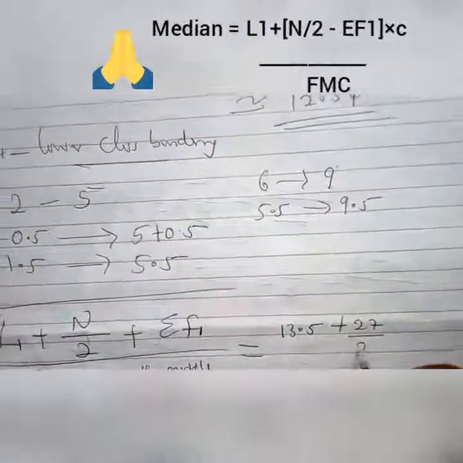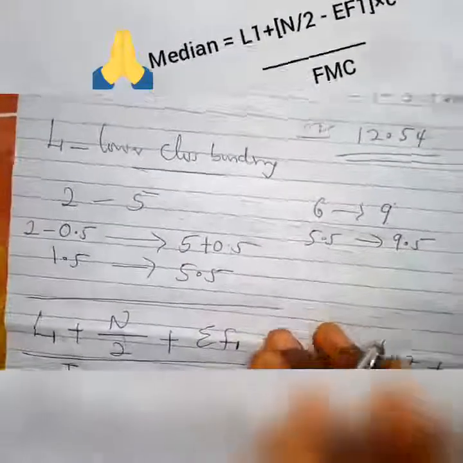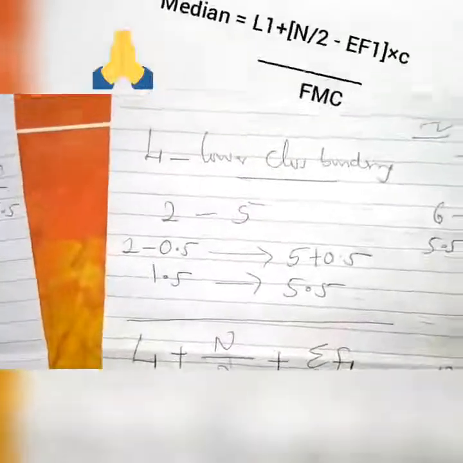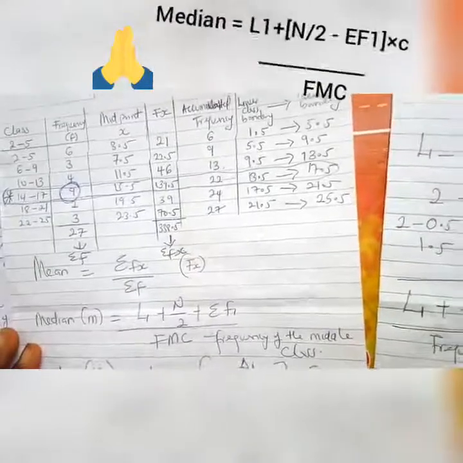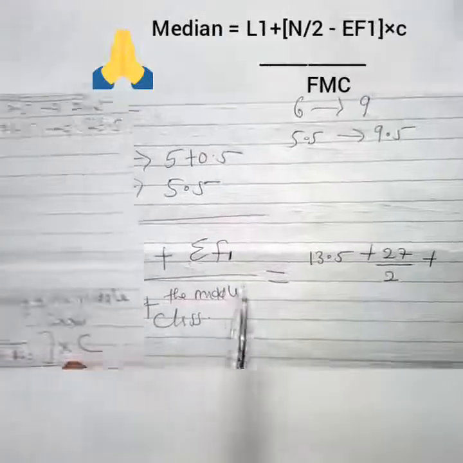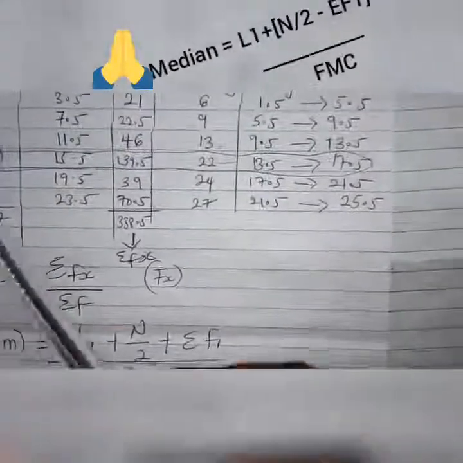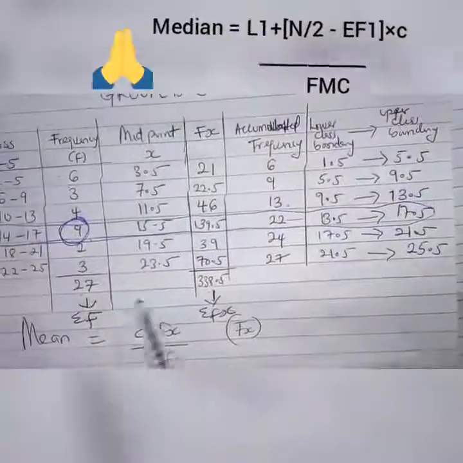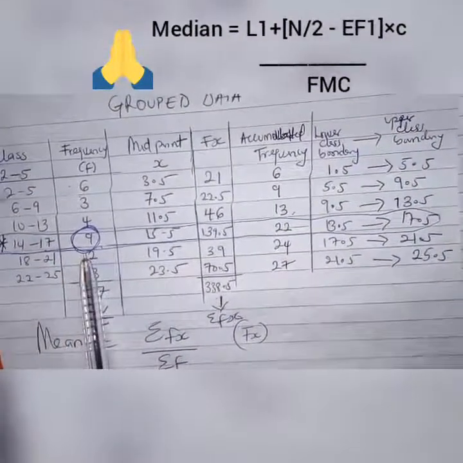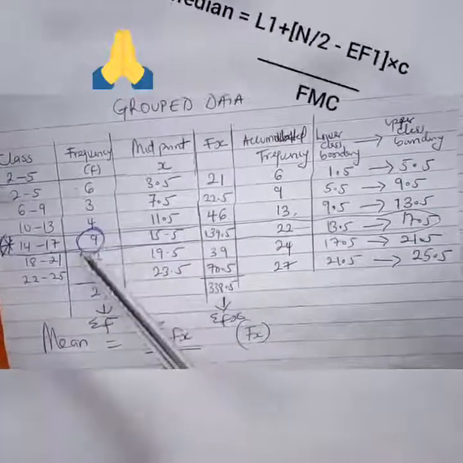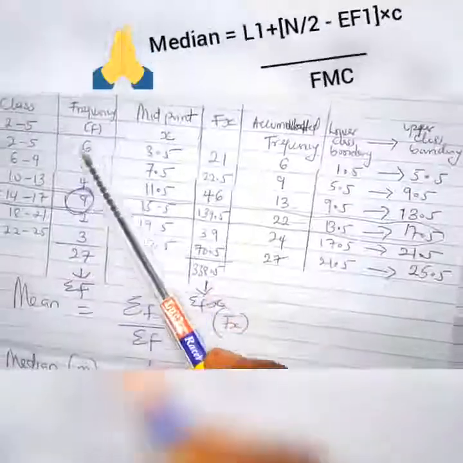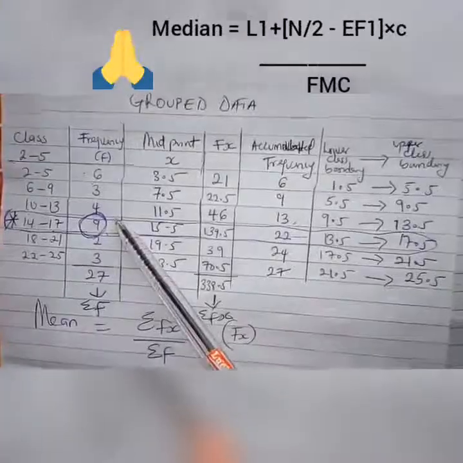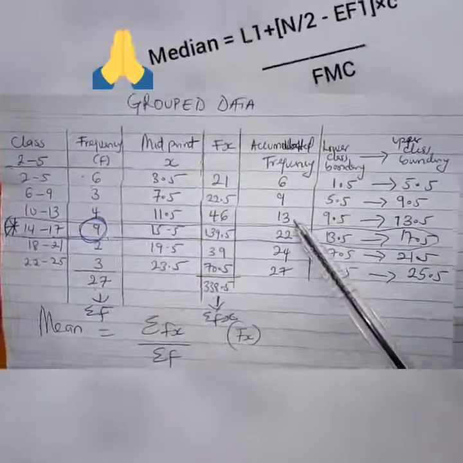Then you divide it by 2 plus summation F1. And the F1 simply denotes the summation of the frequency before the median class. And the summation of everything before this is what? 13. Can you see? The summation of 6, 3, and 4 is what? 13.